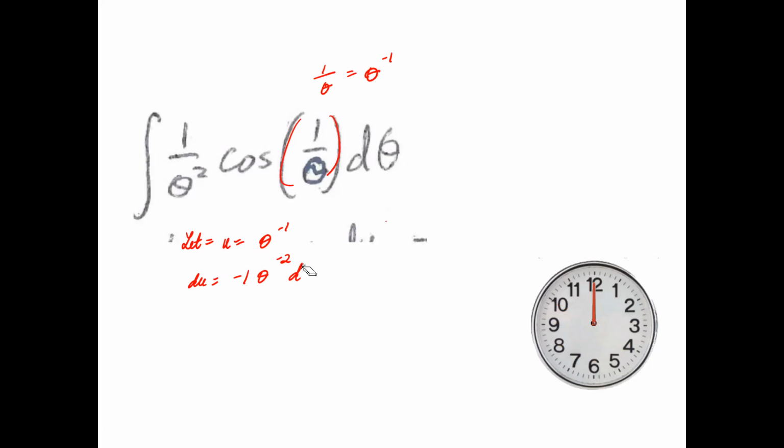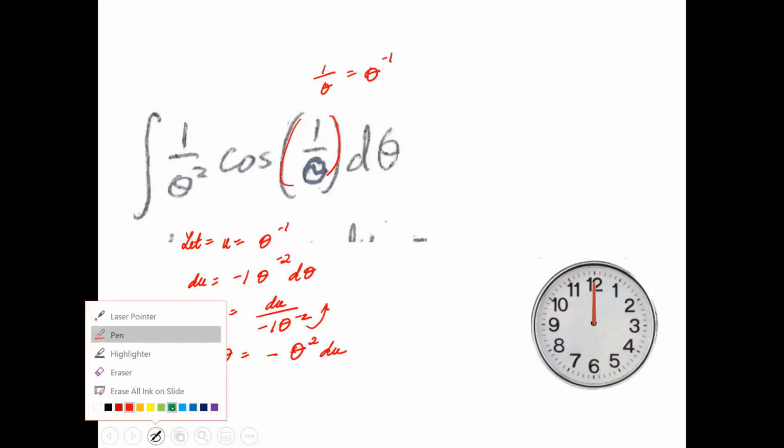I'm so used to saying dx, but really it's d theta because there's no x. Then d theta equals du divided by negative 1 theta to the negative 2 power. So d theta is equal to negative theta to the positive 2 power du.